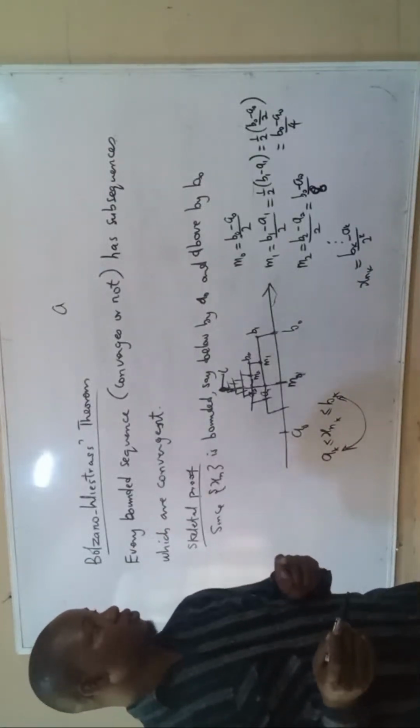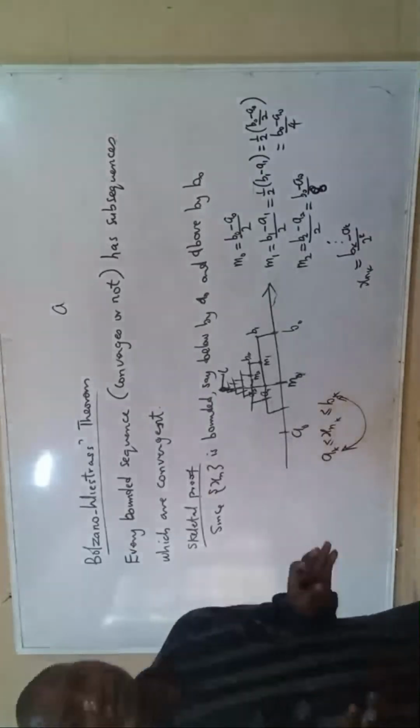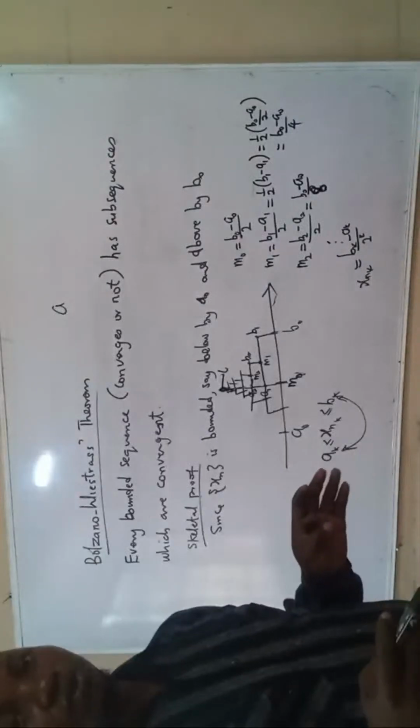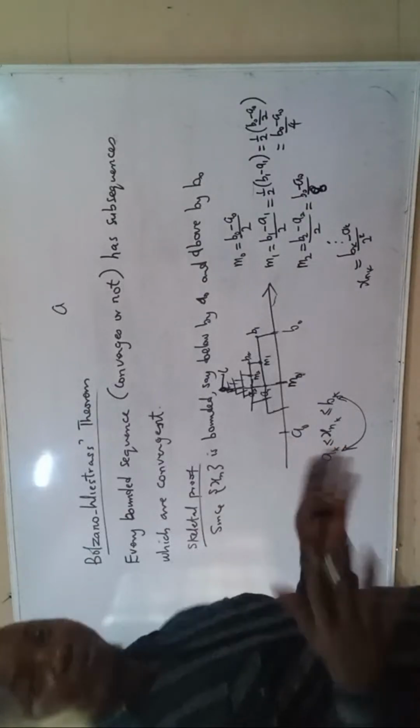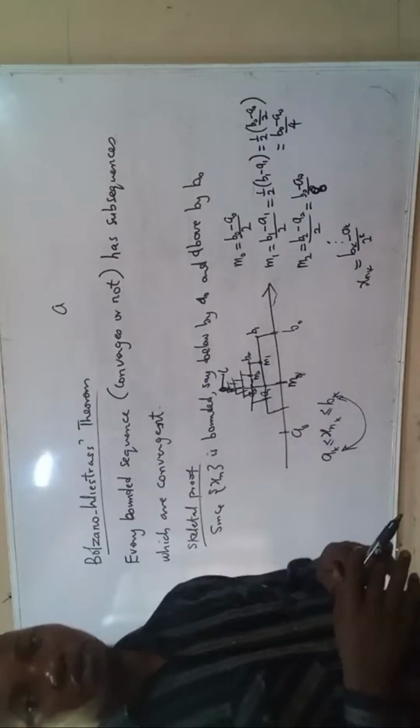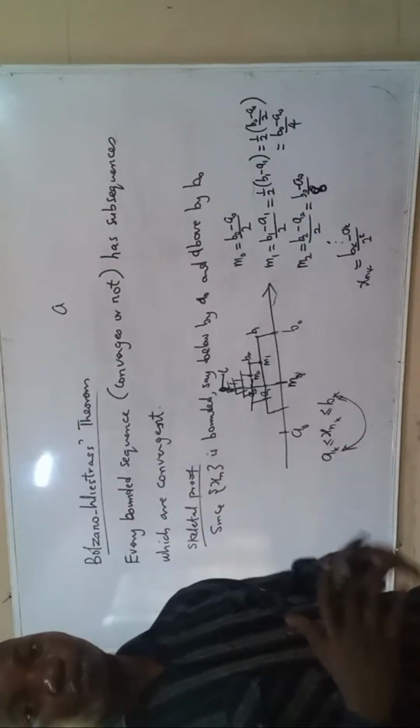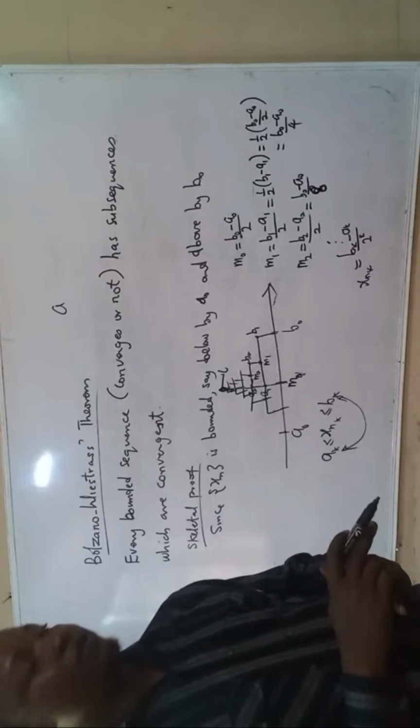This is how we prove this. I will send the notes that comprise a comprehensive proof of this. What is here is just a skeletal proof of the Bolzano-Weierstrass theorem.